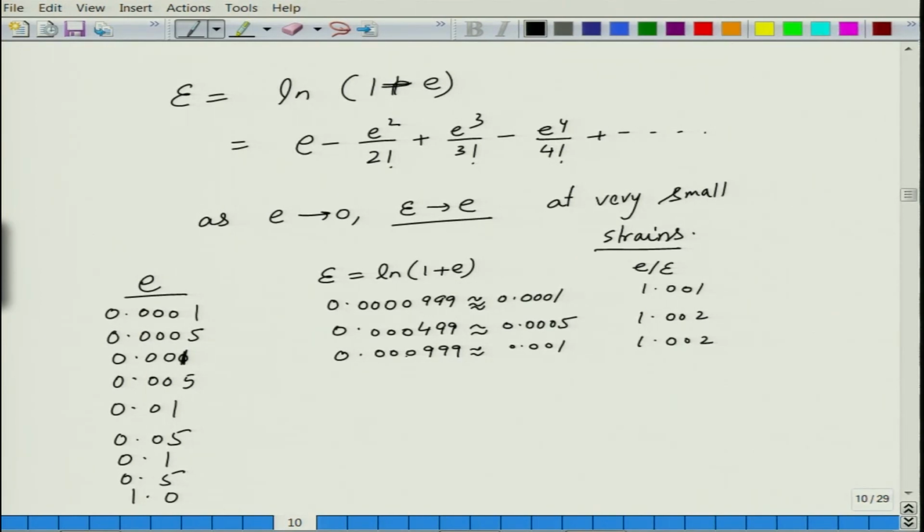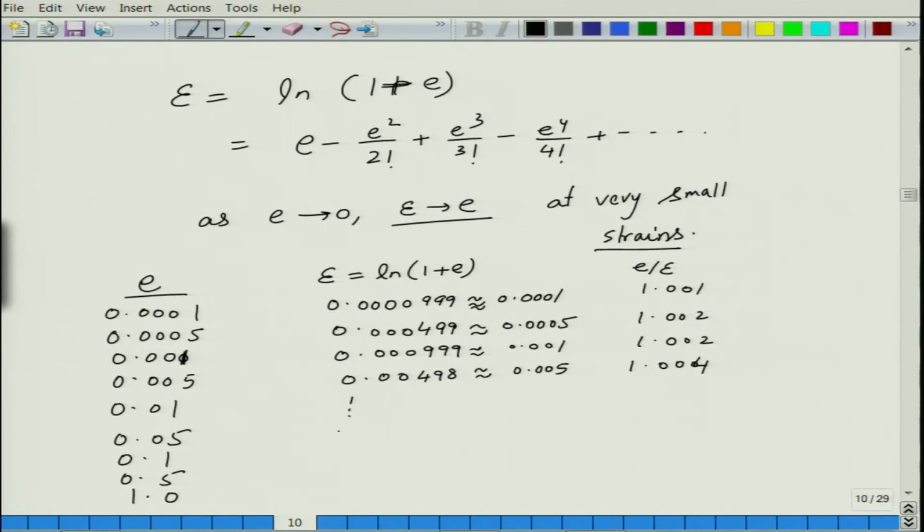Okay. And 0.005 will show you a value of 0.00498, which is again approximated to 0.005, and the ratio will increase to 1.004. And then you keep on doing this.